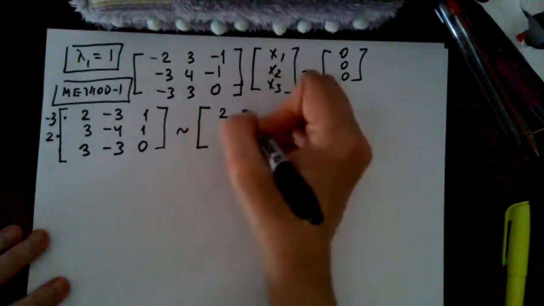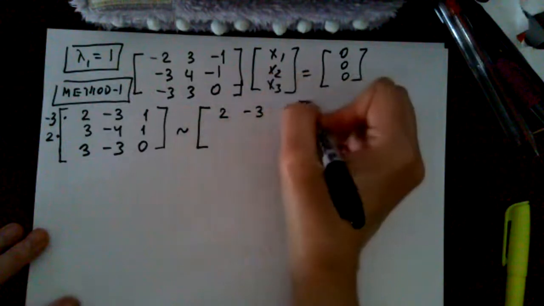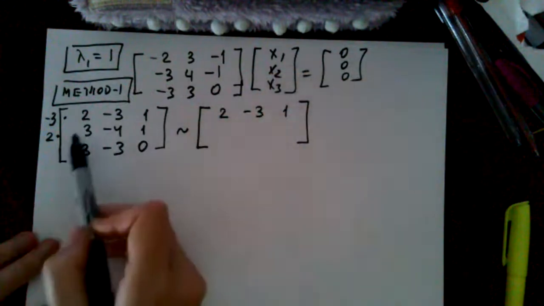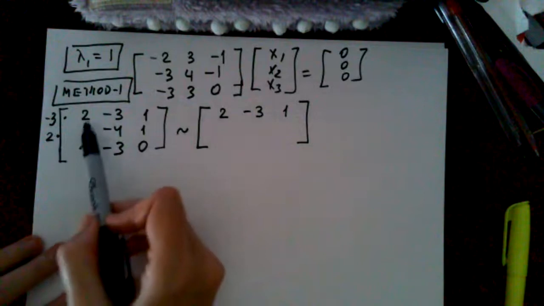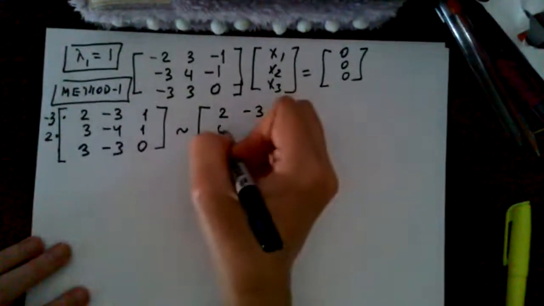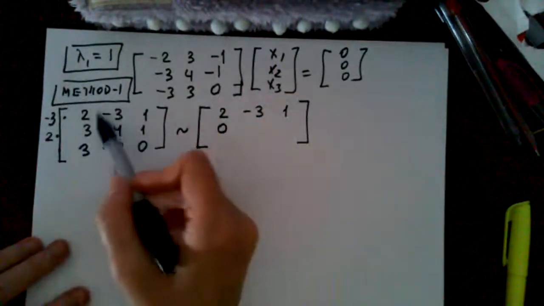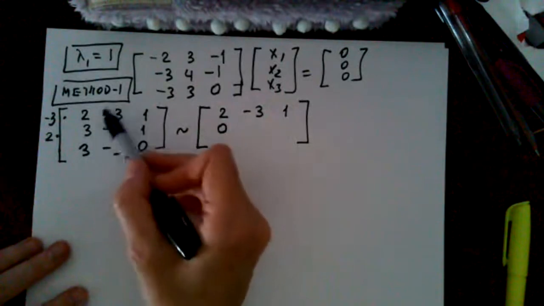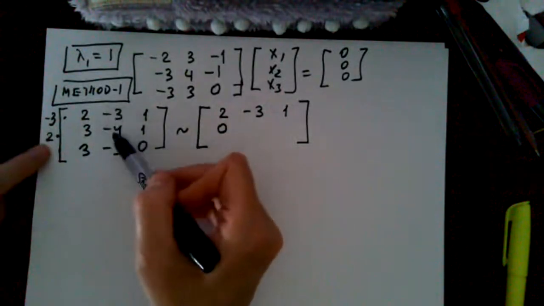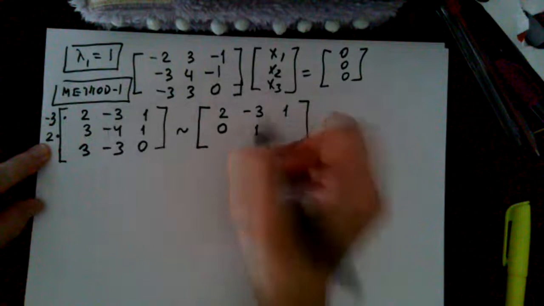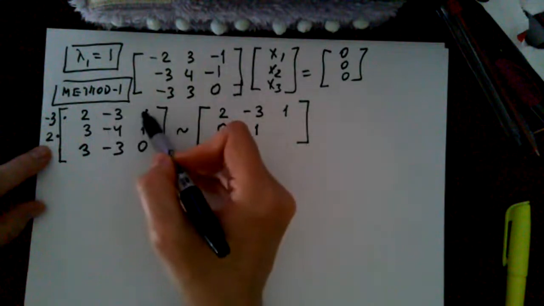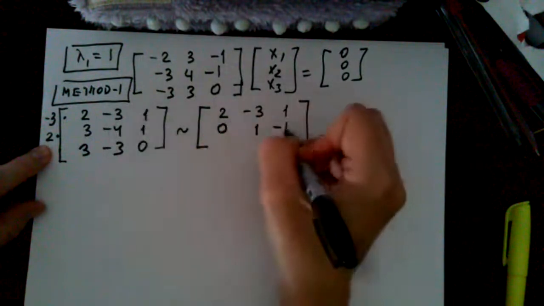Of course, as before, we are rewriting the first row, 2, minus 3, 1, and let's do this operation. So minus 6 plus 6 will be 0, as we discussed before, but be careful with the remaining elements. So this guy will turn into 9. 9 minus 8 will be 1, and the last element, minus 3 plus 2, will be minus 1.